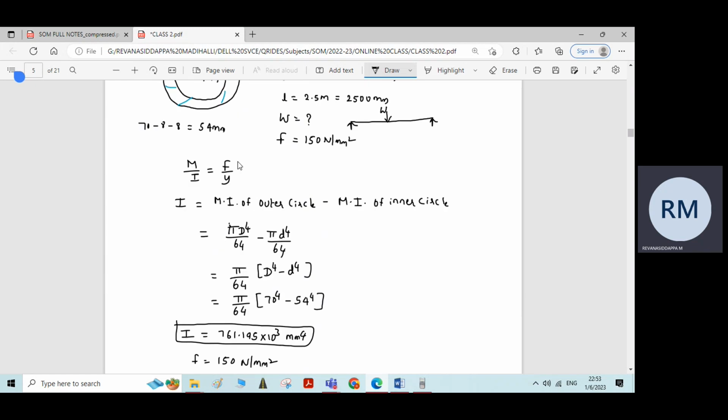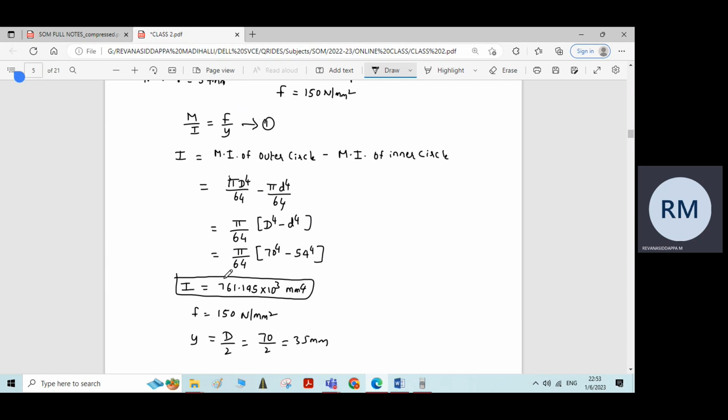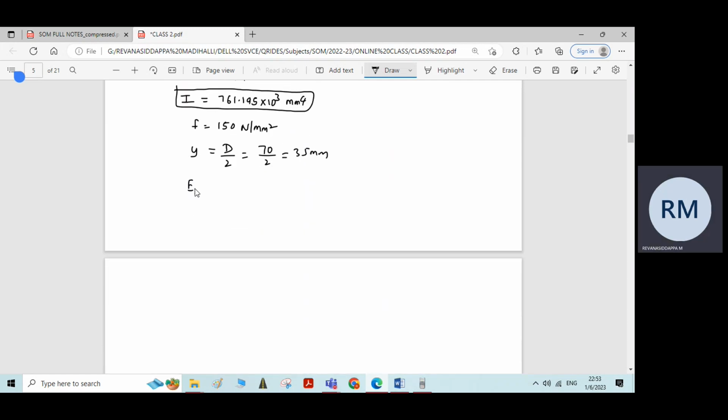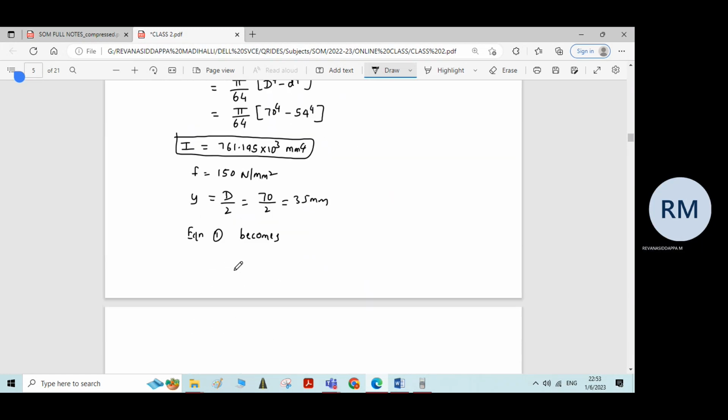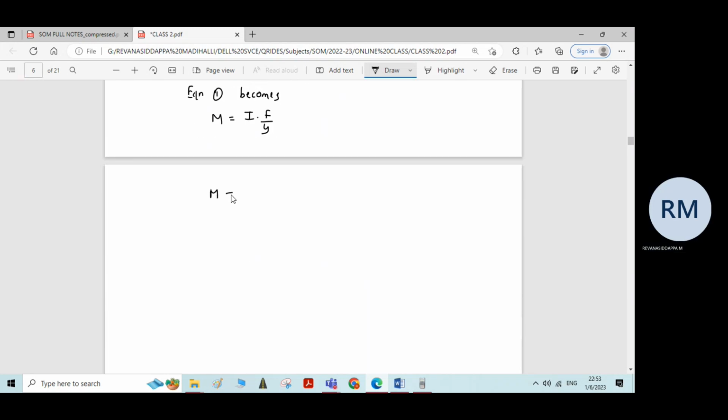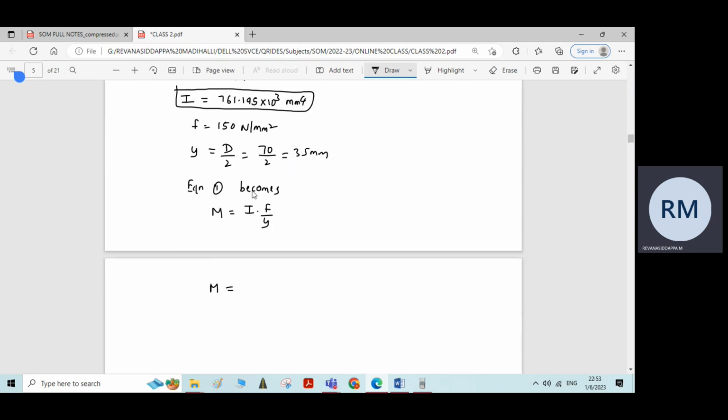Okay, now I'll take this as equation number 1 and I'll rewrite this equation as M is equal to I into F by Y. Therefore, M is equal to moment of inertia, we got it as 761.195 into 10 power 3 into stress 150 divided by 35.